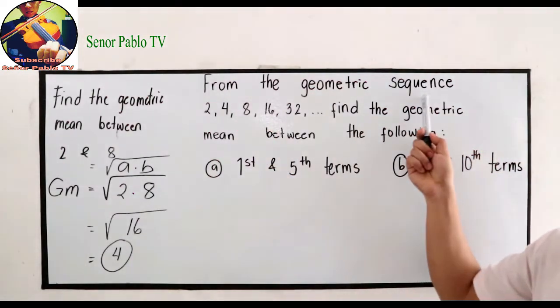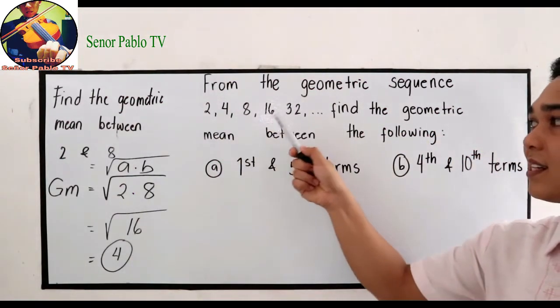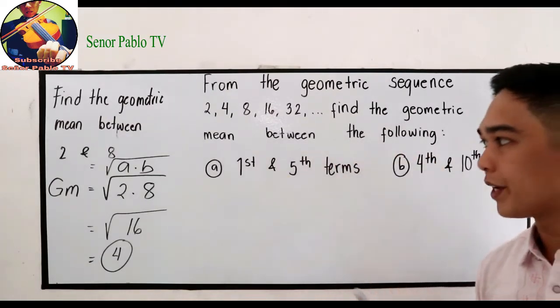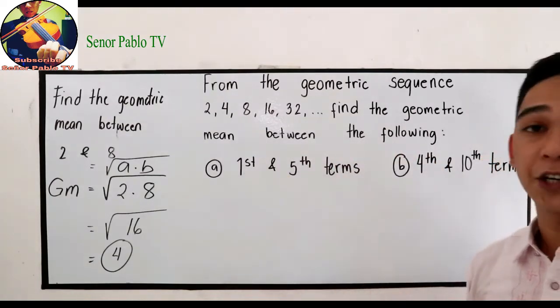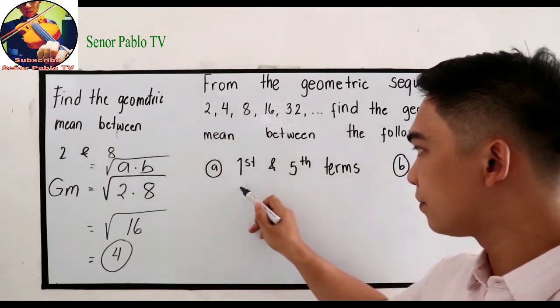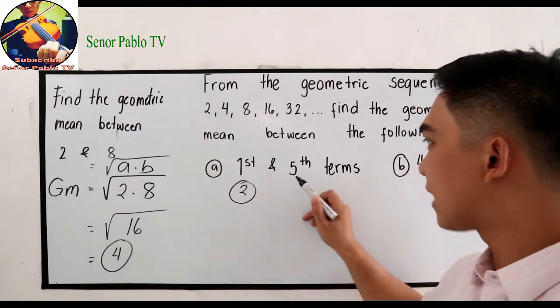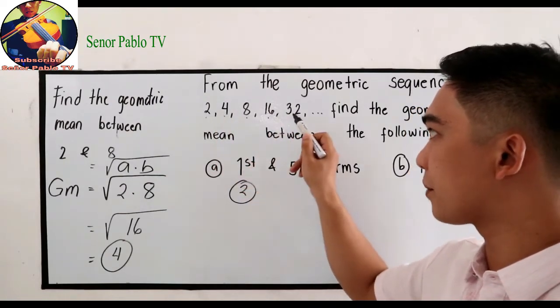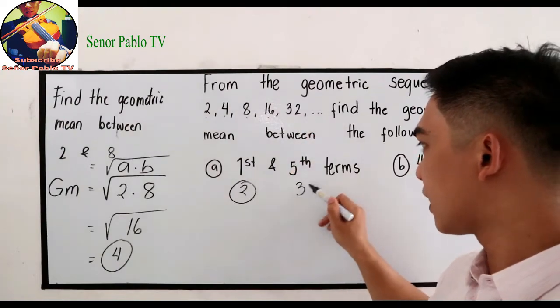From the geometric sequence 2, 4, 8, 16, and 32, find the geometric mean between the following. First and fifth terms. So, nasan ba si first term? Yan ay 2. At si fifth term: first term, second term, third term, fourth term, and fifth term, 32.